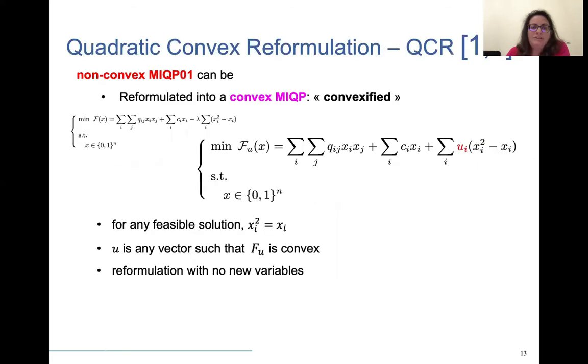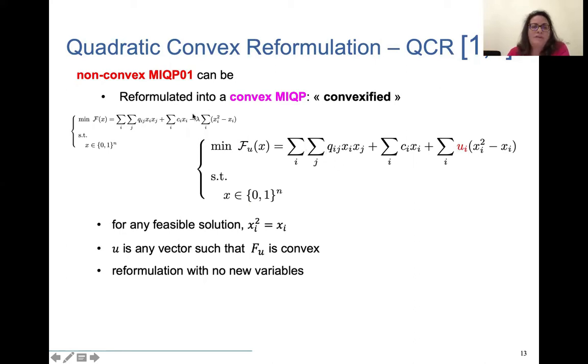So quadratic convex reformulation uses the same idea as the smallest eigenvalue method, but the trick is to choose non-uniform scalars to change the diagonal terms of the Hessian matrix.